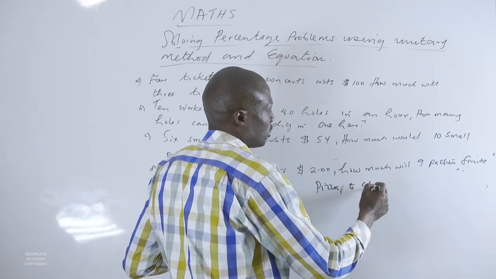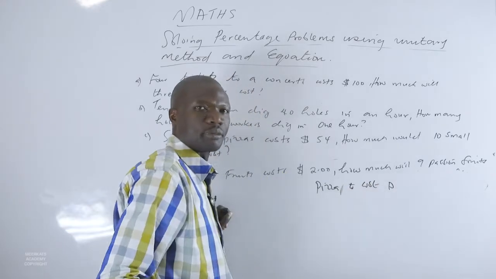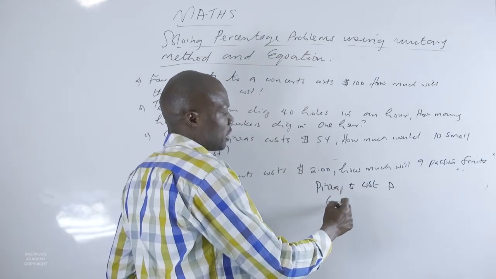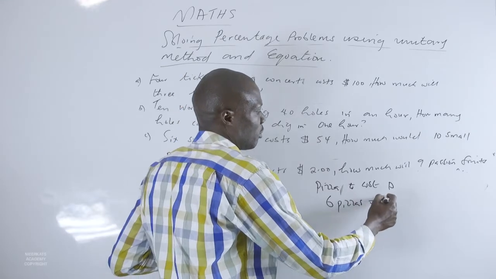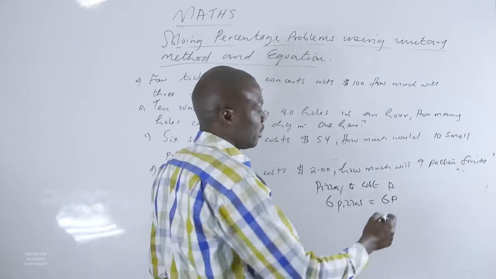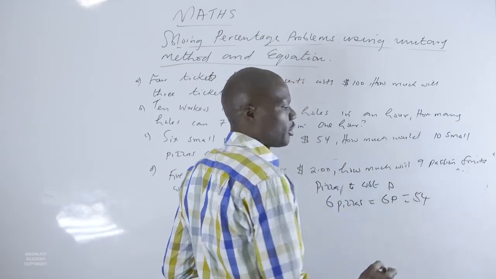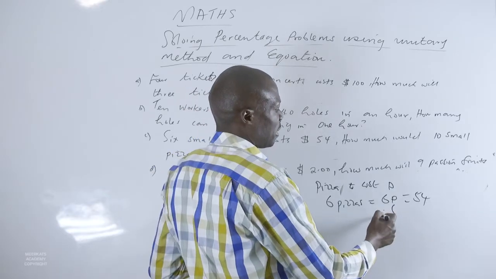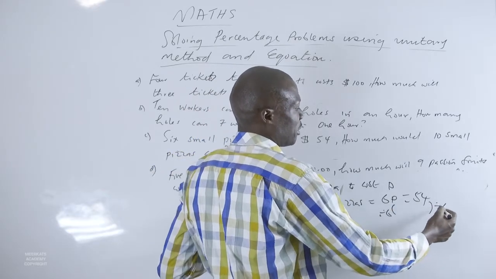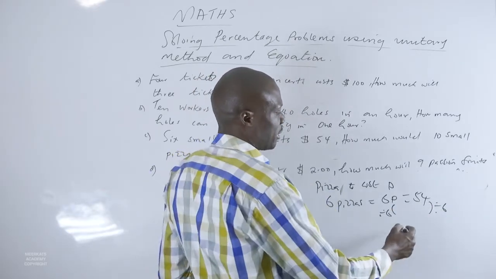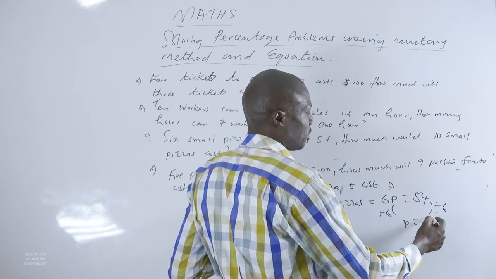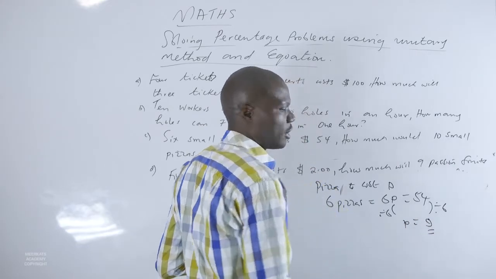So here, for this one, let one pizza cost P. 6 pizzas will cost 6P, which is the same as $54. Divide this side by 6, divide this side by 6. You'll find that P is equivalent to $9.